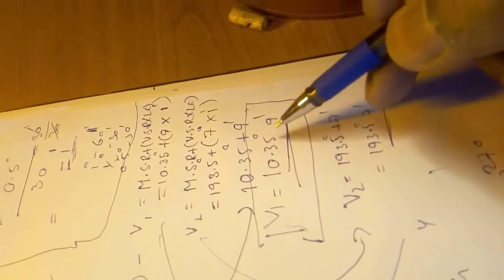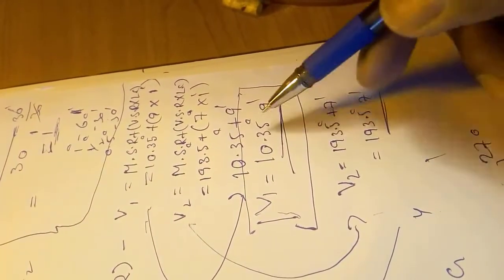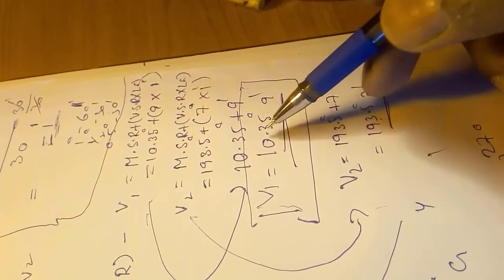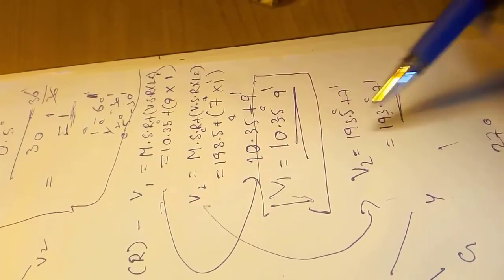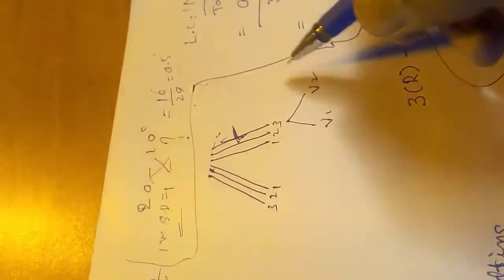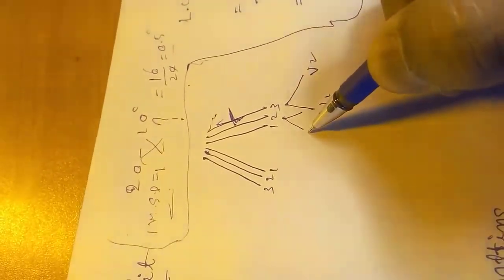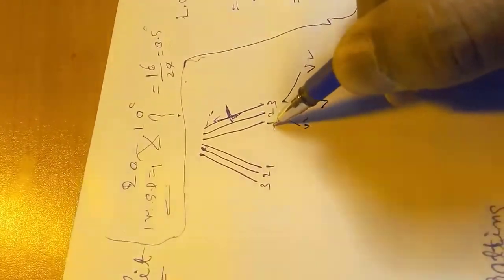So we subtract 180 minus 0 and you get 180 only. That means if you subtract the right side vernier 2 reading, 193.5 degrees 7 minutes, and the vernier 1 reading, 10.35 degrees 9 minutes, you get nearly 180 degrees. That is the way we cross verify whether your values are correct or not.